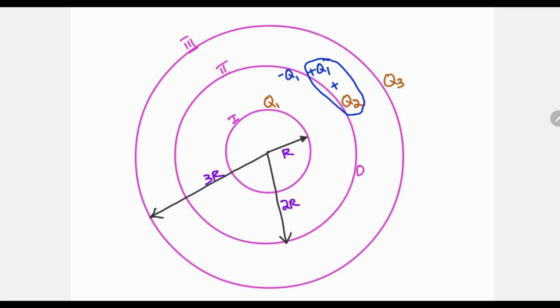Now when Q1 plus Q2 comes here, the induction effect comes, so here it becomes minus of Q1 plus Q2. Positive charge induces negative charge. Now minus of Q1 plus Q2 means at the outer side it becomes plus Q1 plus Q2. So total charge on the surface of the outer sphere becomes Q1 plus Q2 plus Q3.